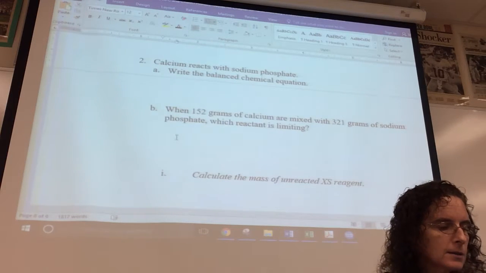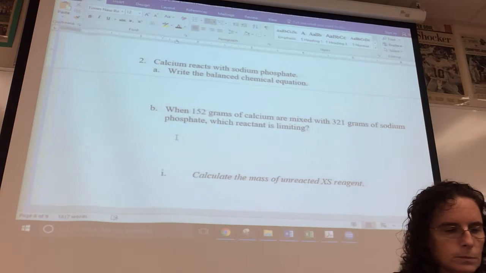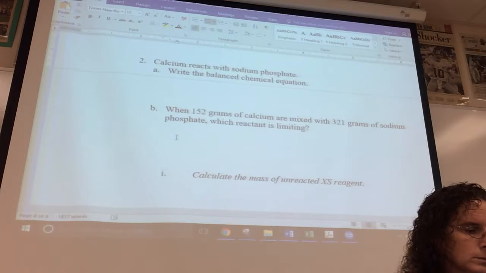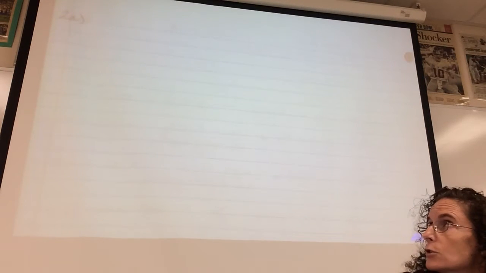It says calcium reacts with sodium phosphate. So the first thing we want to do is write a balanced equation. And again, this you already have mastery of.